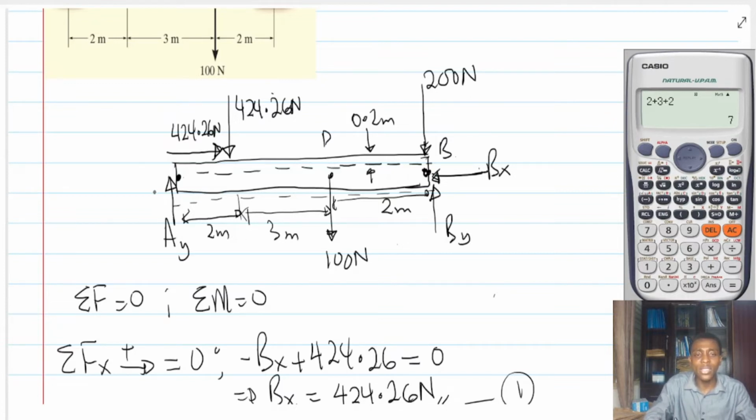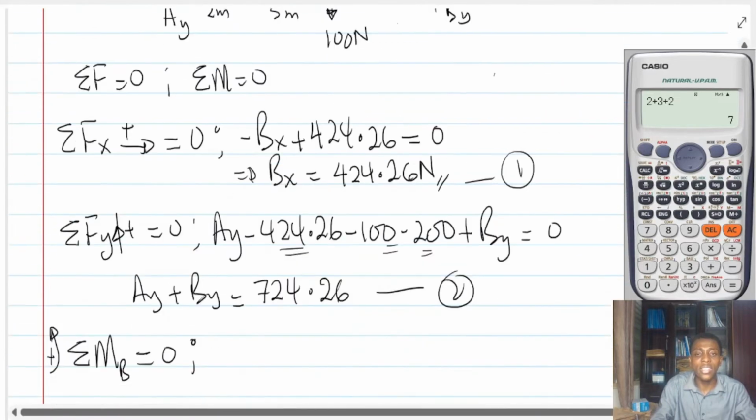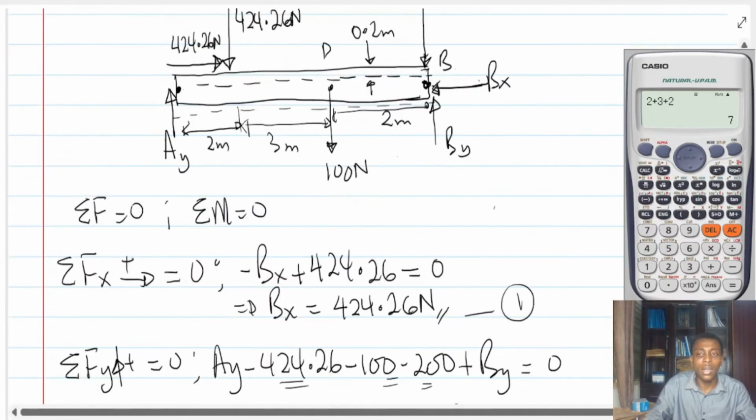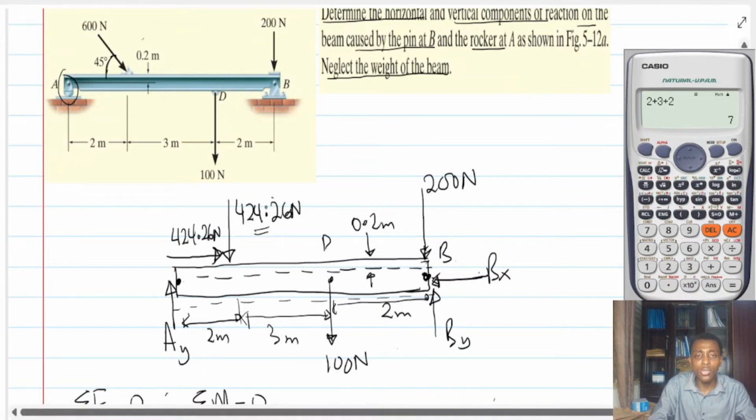The moment of Ay about this point, if the load is coming this way, Ay is going to cause it to rotate in this direction, which is clockwise. So it is minus 7 Ay.